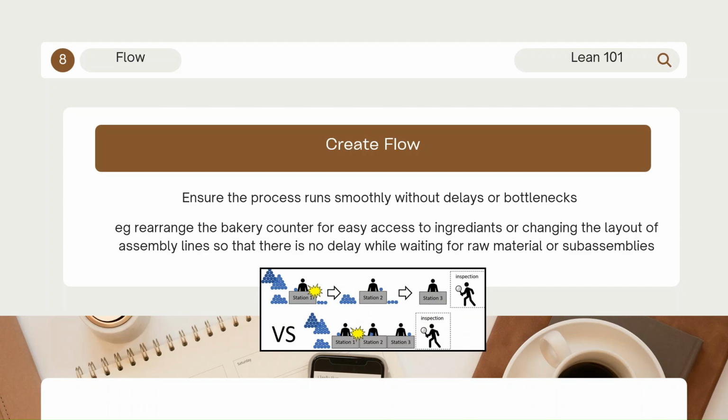In the first one, the flow seems to be a bit hindered. You could see that there are stoppages in between, and the second person has to wait, the third person at station 3 has to wait, so there are delays. But in the second picture, which is after Lean, there's no delay. Why? The first thing that has been completed in station 1 is transferred to station 2 directly. It's more of a single piece flow, so flow is there.